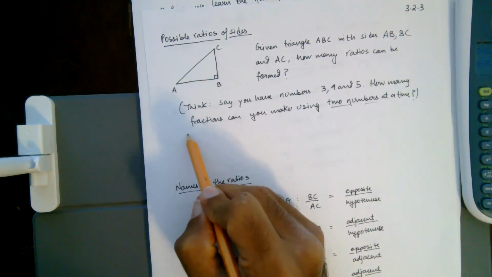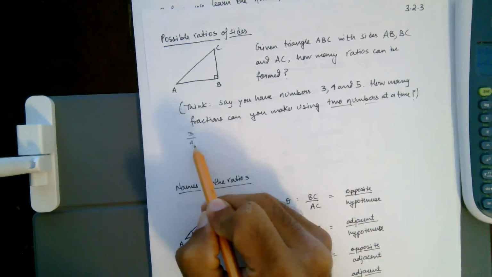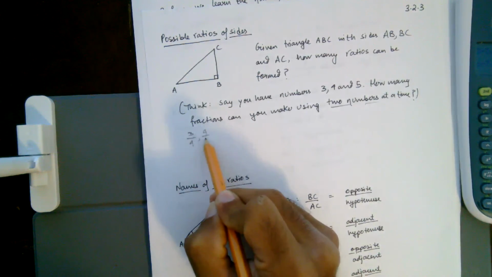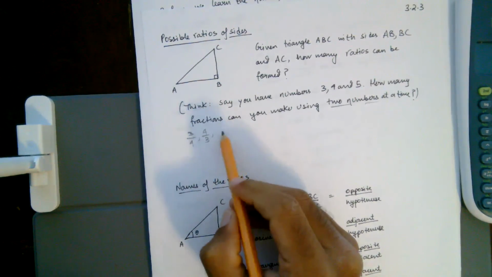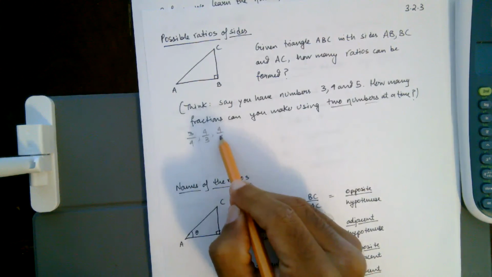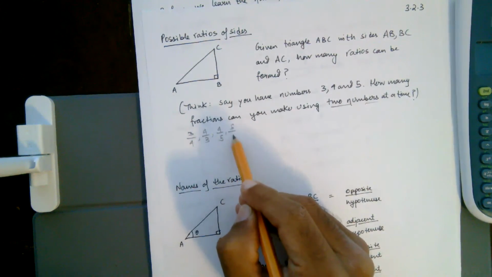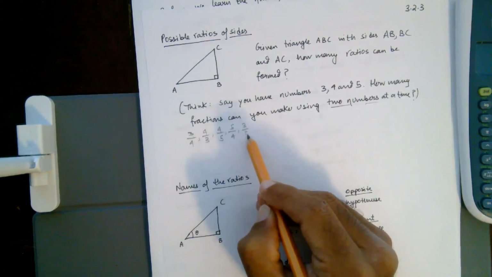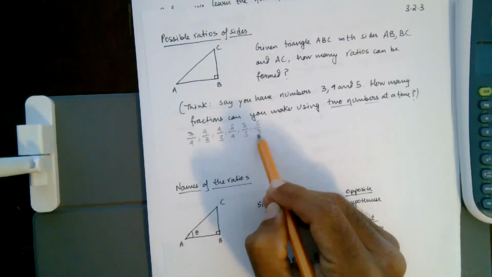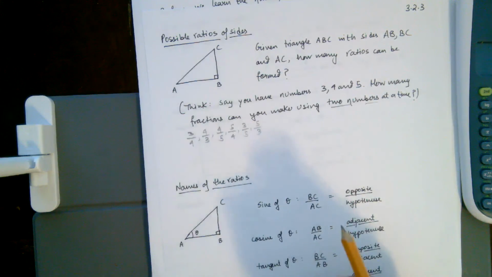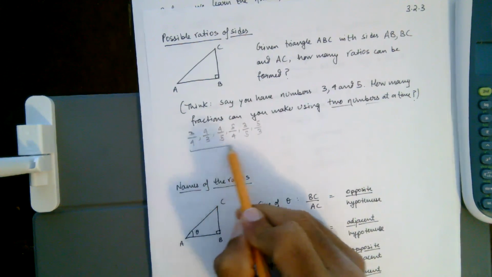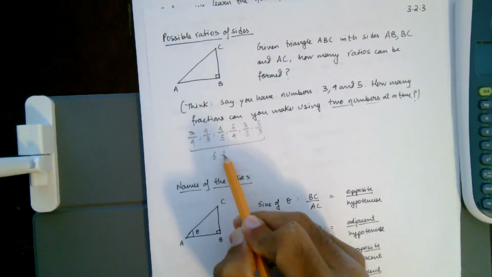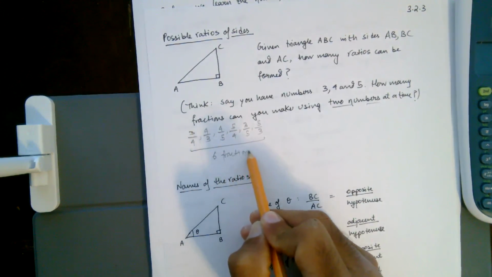If I use 3 and 4, I can make the fraction 3 over 4, or the fraction 4 over 3. Using 4 and 5, I can make the fraction 4 over 5 and 5 over 4. Using 3 and 5, I can make the fraction 3 over 5 and 5 over 3. That's it. There are no more fractions that I can make. So if you look here, there are 6 possible fractions.